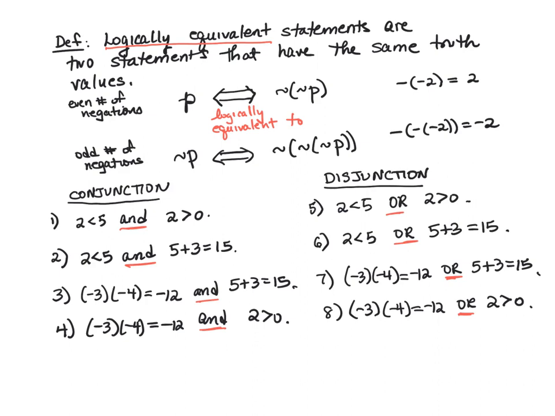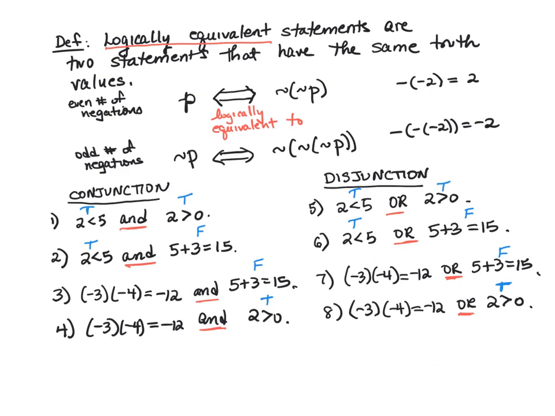2 is less than 5 is true. So I'm going to put trues next to that every time I see it. And 2 is greater than 0 is also true. 5 plus 3 equals 15 is false. And we've got 2 greater than 0 here, so I'll put a true there.